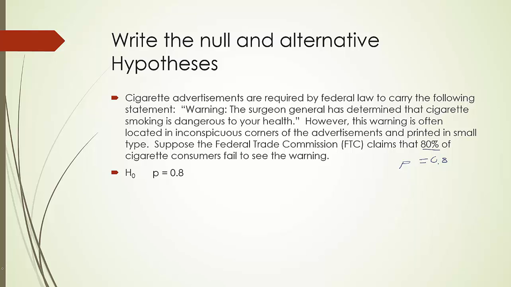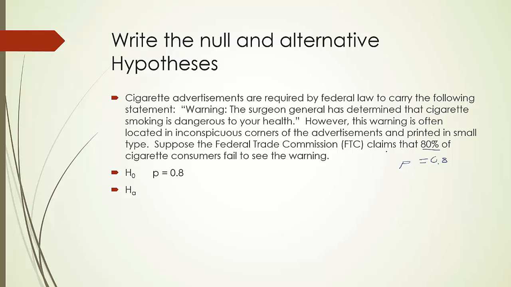Now, the alternative hypothesis, and I'm using HA, but you could also use H1, is going to also start with P. The alternative would have a sign other than equal, and it will have the 80%, the 0.8. So the advertisers in this case, they would not want the scenario where more than 80% fail to see the warning.